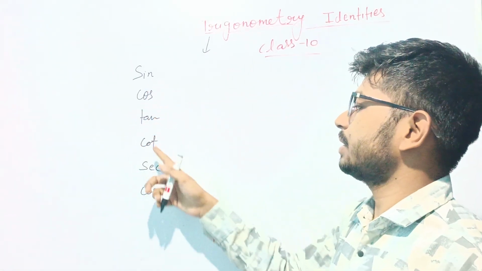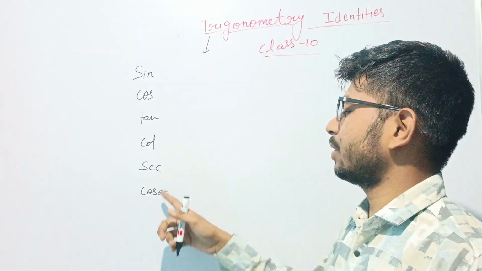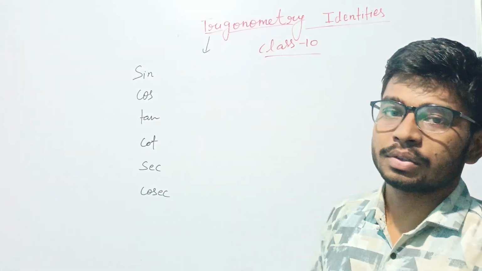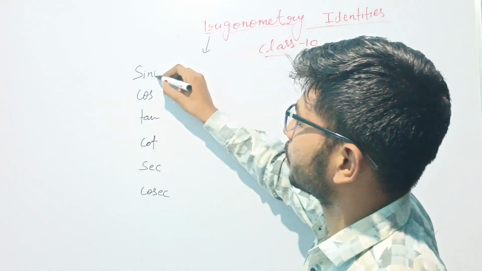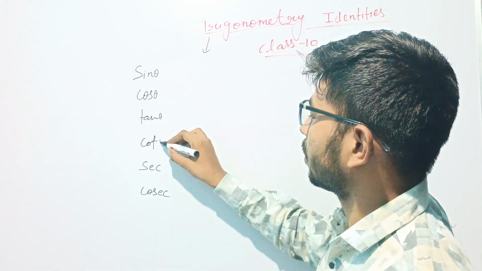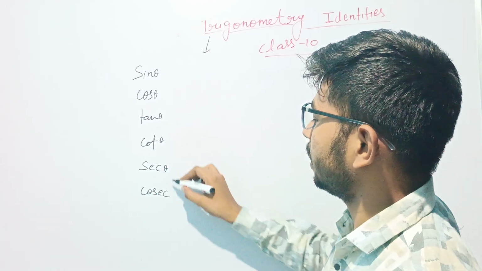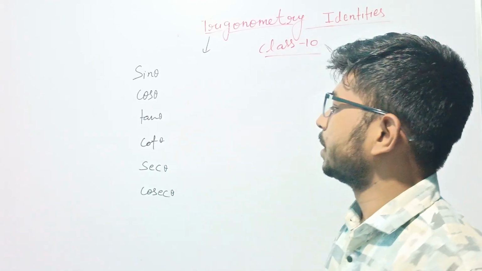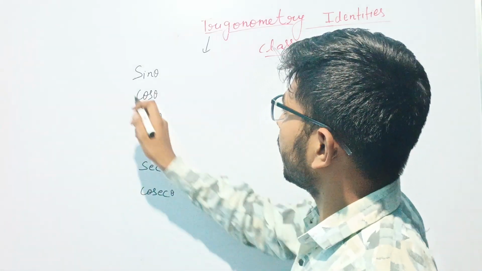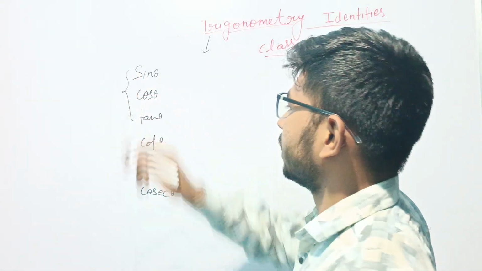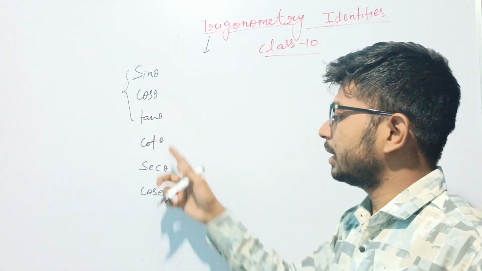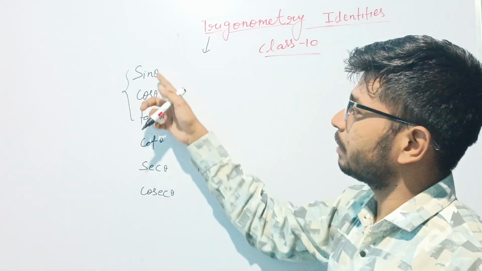With these we will include any angle, so I will put theta with them: sine theta, cos theta, tan theta, cot theta, sec theta, cosec theta. Actually there are 3 main trigonometric functions: sine, cos, tan. The other 3 are just reciprocals of these 3.